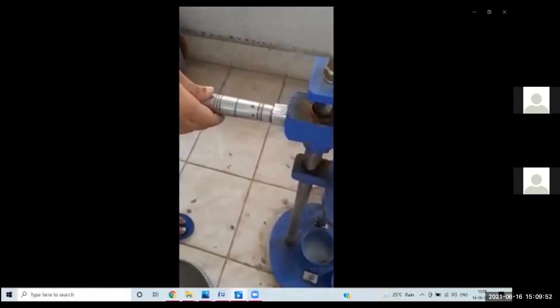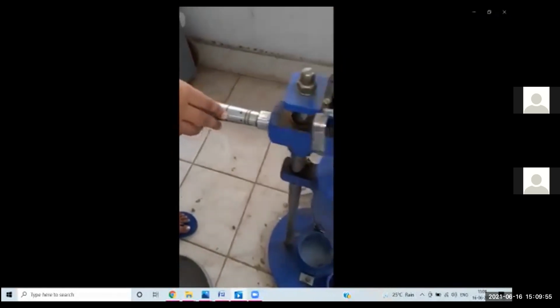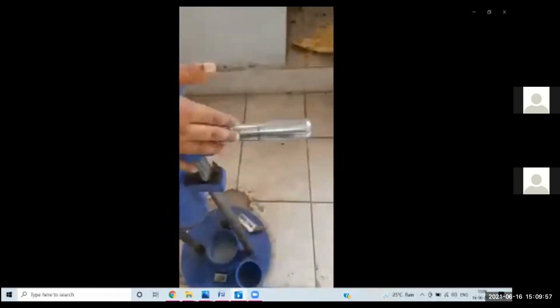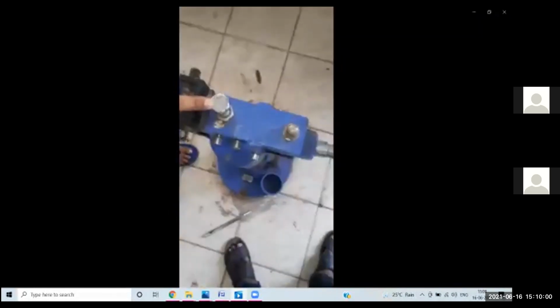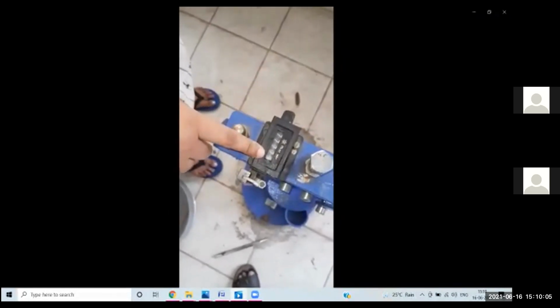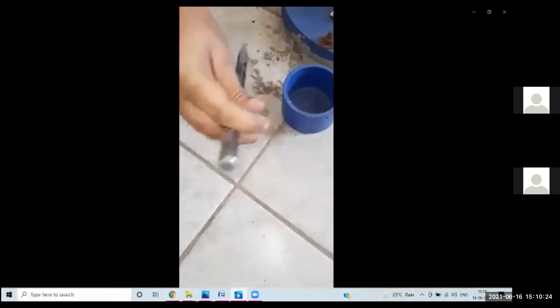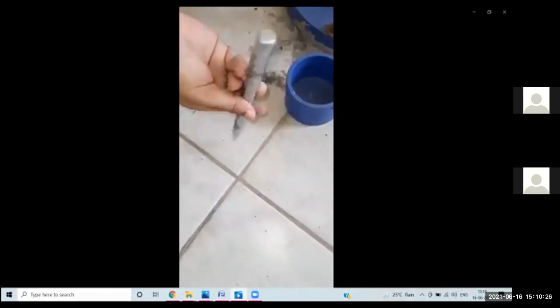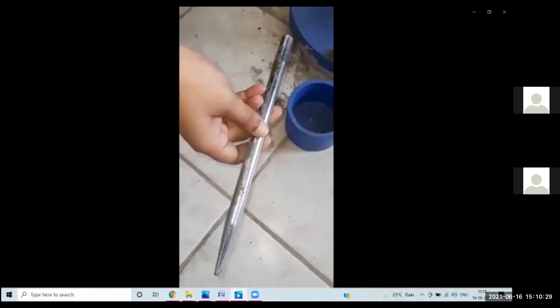This is the lifting handle. This is the top screw. This is the automatic counter machine. This is the cylindrical mold, internal diameter 75 millimeter and depth 50 millimeter. This is a one end rounded tamping rod, 10 millimeter diameter and 230 millimeter long.